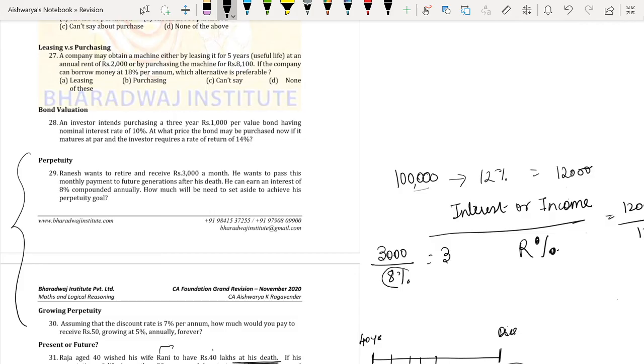And then you should convert this percentage to monthly percentage. No, no, you should not do that because that is to be received every month. So you should take 8 divided by 12. Instead of 0.08, you should take 0.67 percentage. This is what you should take.